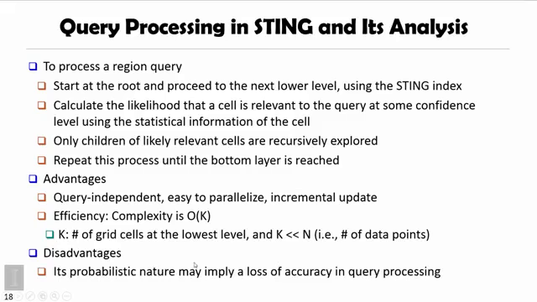However, its disadvantage is that because you form a grid structure, you may lose a lot of details. The probabilistic nature of the higher level may imply a loss of accuracy in the lower level for query processing.